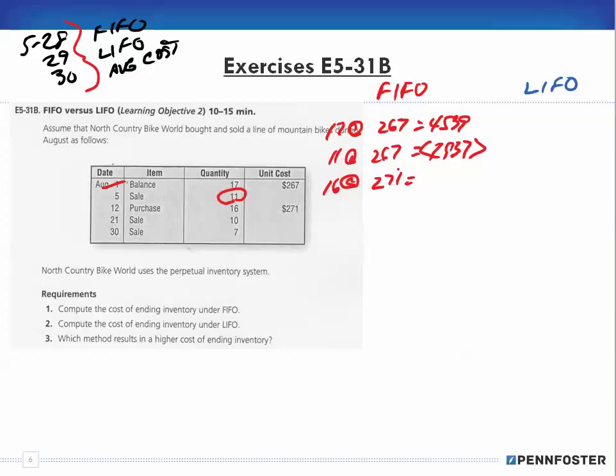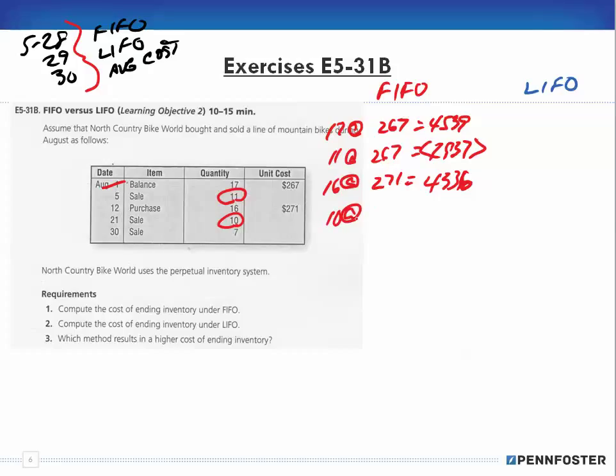So I have 16 times 271, which is 4,336. And then I have a sale of 10.